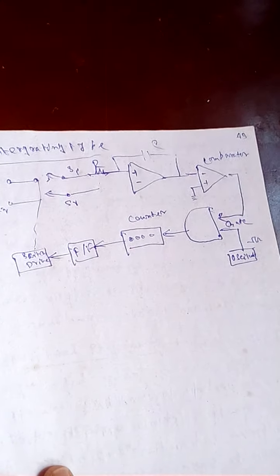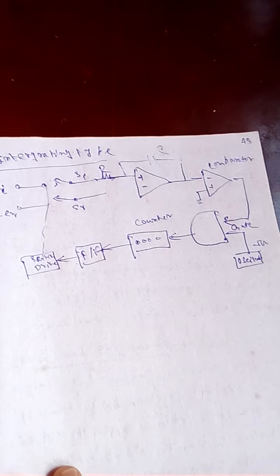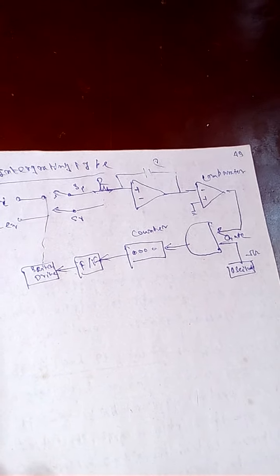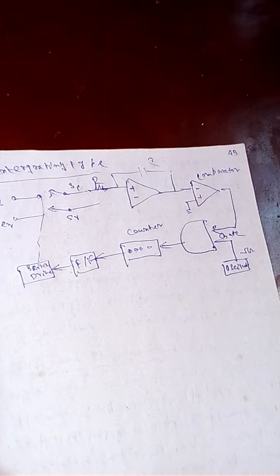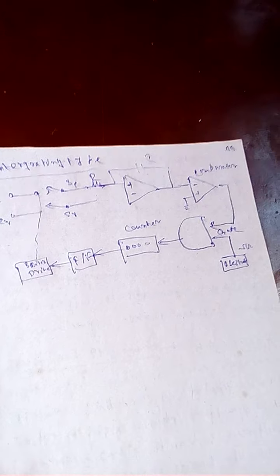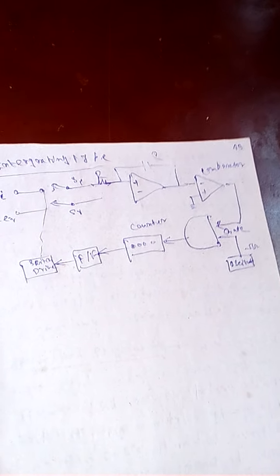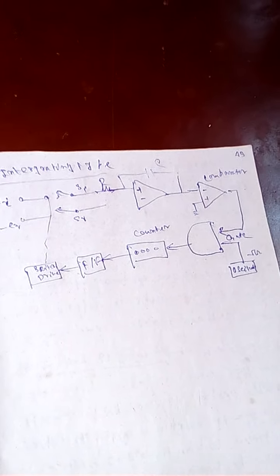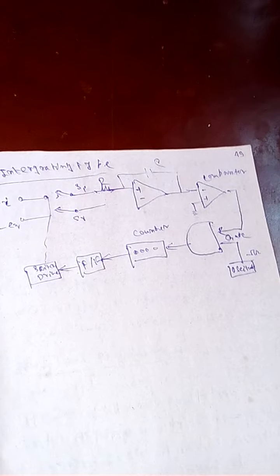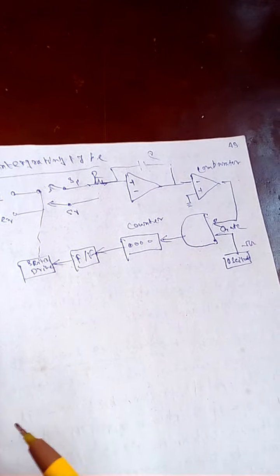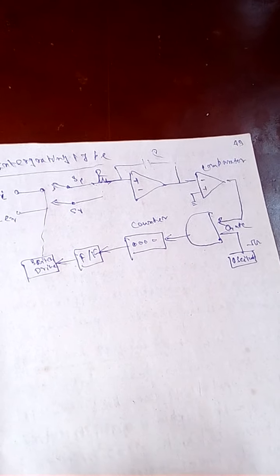which one is selected. So if we see the first integration for a fixed time T1, suppose during T1 the input voltage is connected and the integrator input is connected to EI. First the input voltage EI is connected, and second ER is connected. At the start of the counter, the flip-flop is logic 0, so SI is closed and SR is open.